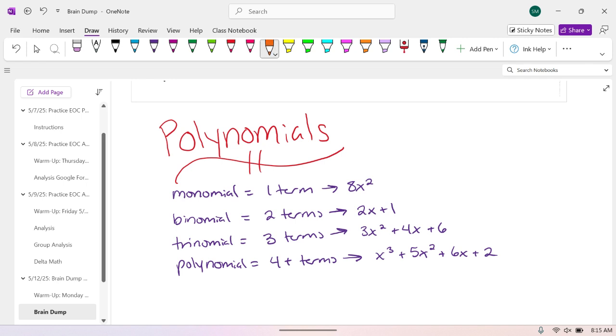And I would make a note off to the side, no exponents in the denominator or terms in the denominator, no negative exponents, nothing of that nature. So you can't have that stuff. And no radicals.